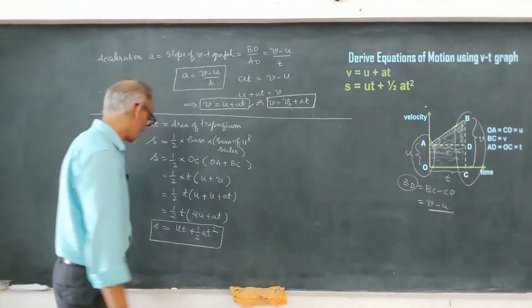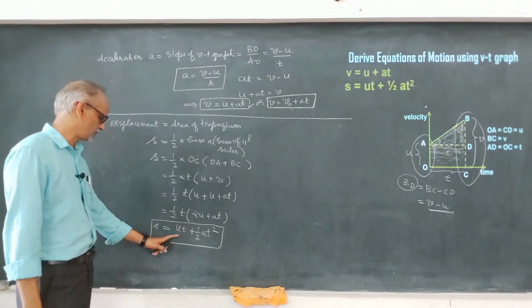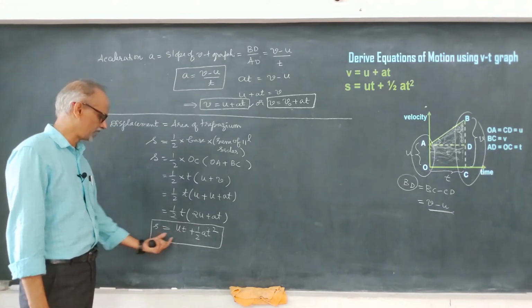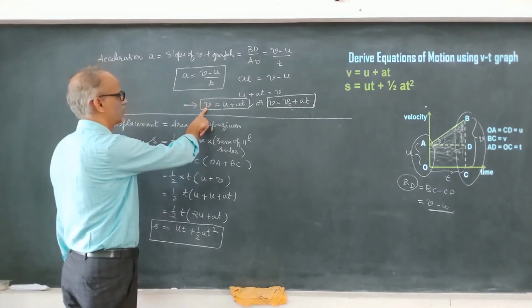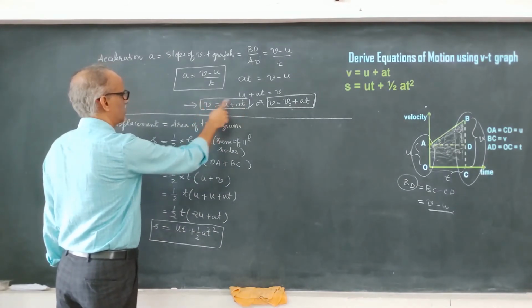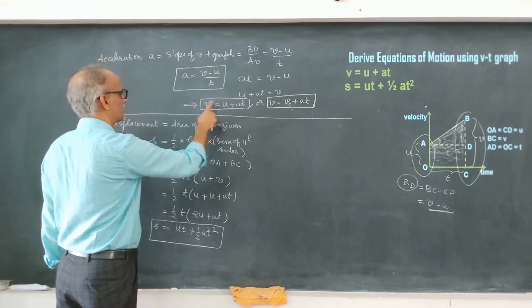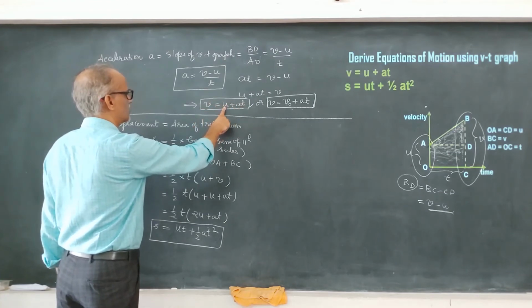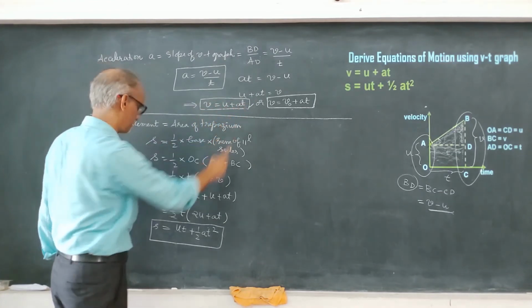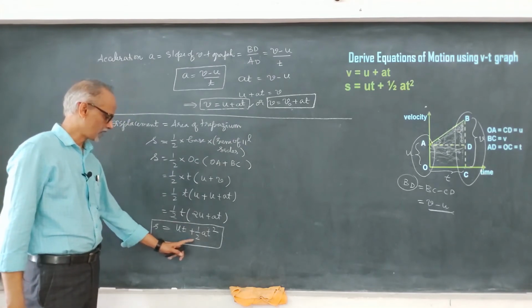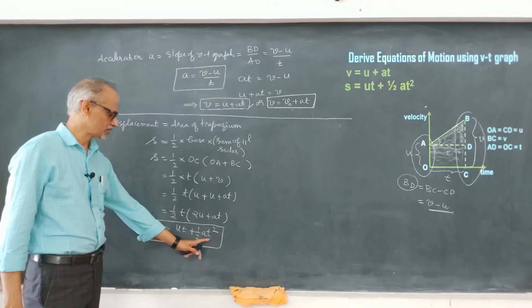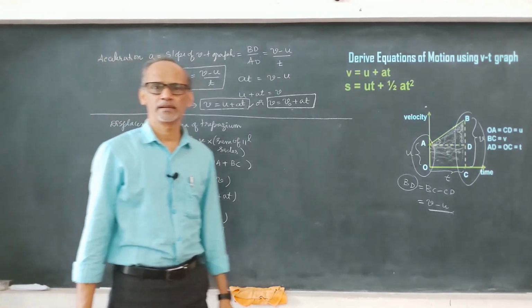Okay. So what is this equation? This equation will give you the displacement of the body in a given time. The first equation will give you the velocity of a body in a given time. Velocity at a given time is given by V is equal to U plus AT: initial velocity, uniform acceleration, time. Displacement: initial velocity, time, constant uniform acceleration, time.